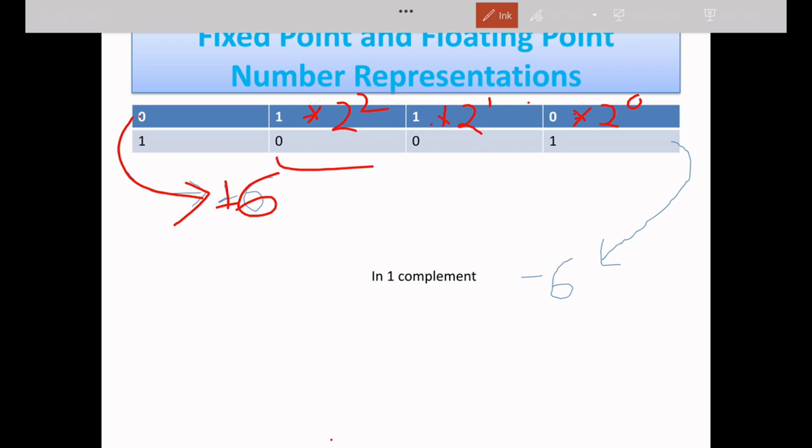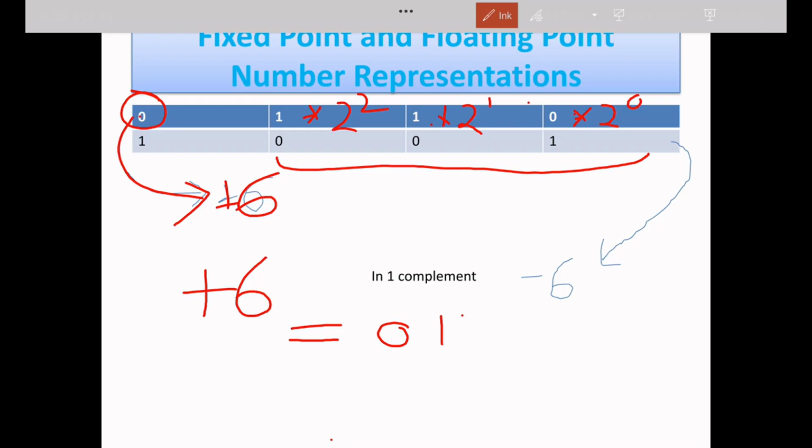So this number is indicating 6. Because of this 0 it is plus 6. So what is plus 6? It is 0, 1, 1, 0. This is the magnitude, this is the sign.